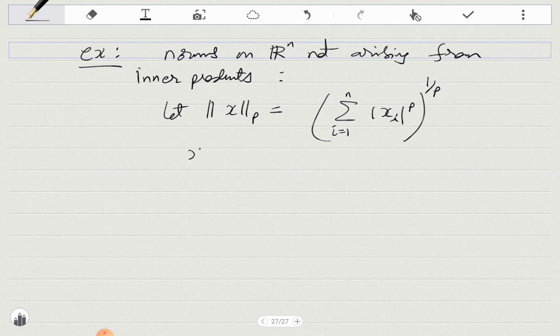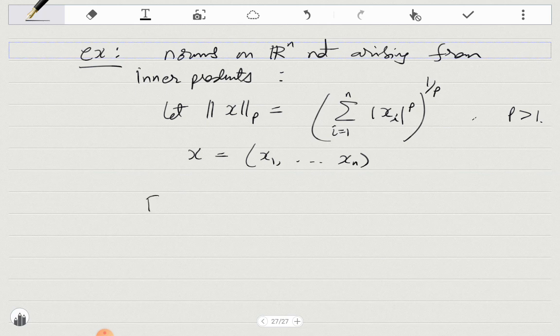Here x equals (x1, x2, ..., xn), and I take p greater than 1. So for any p greater than 1, I define the p-norm of x in this fashion.